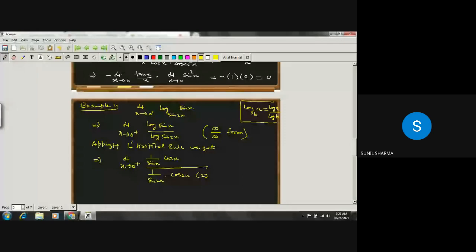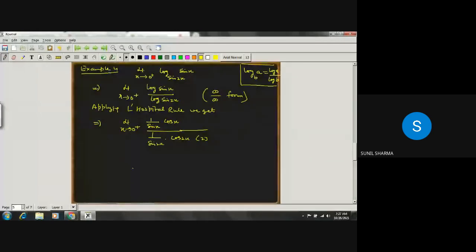So this implies that limit x goes to 0 positive.